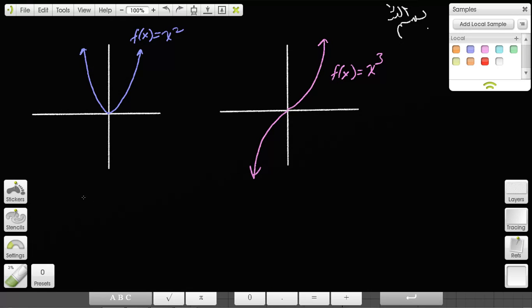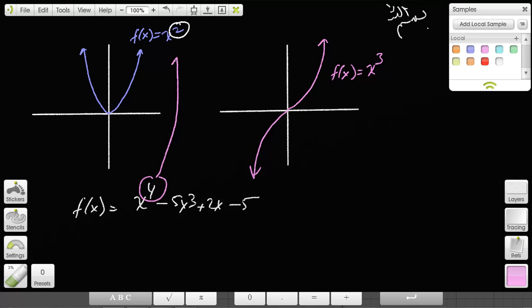Any polynomial function that is even degree, like x to the fourth minus 5x cubed plus 2x minus 5, is going to behave like this.